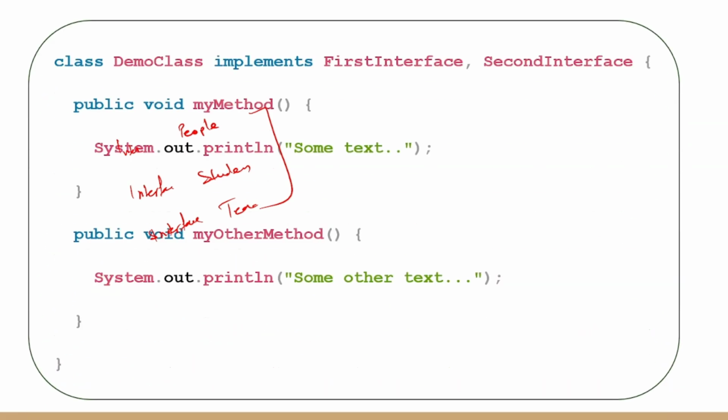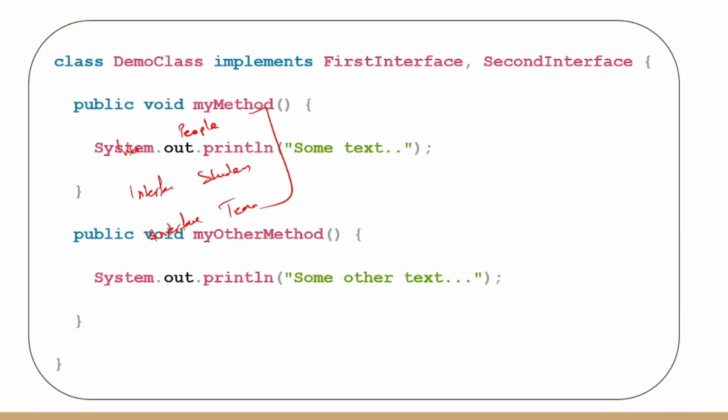So if you are in that situation, what you can do is create small interfaces. You can create a People interface, then a Student interface, and an interface for Teacher also, and you can club all three. This is also one important concept.